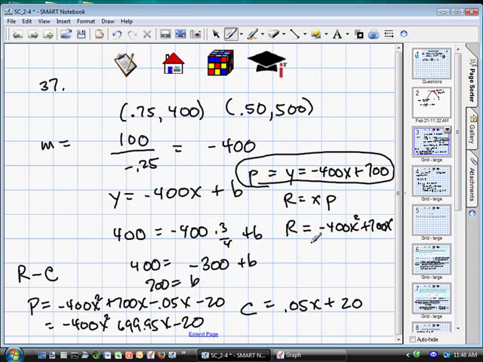Okay, well, let me just double check. If we take a demand function and multiply it by x, that is correct. Now if I take R and subtract C, I should get this. So they don't agree with profit at all, huh?